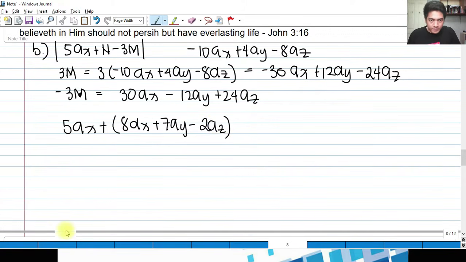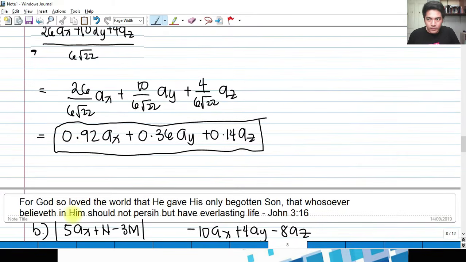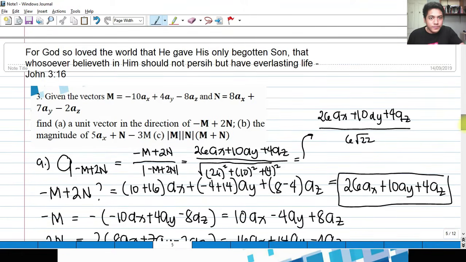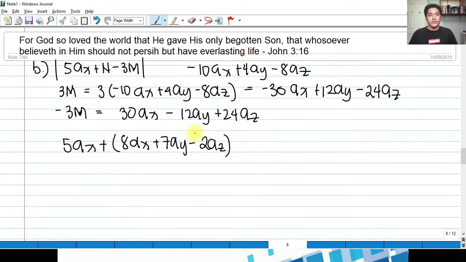Let me just check if we have a correct value of n here: 8, 7, and negative 2. We're good to go. Plus, of course, the negative 3m. I add it because I distributed already the negative sign, to avoid confusion.